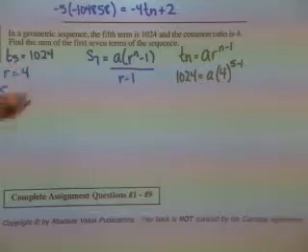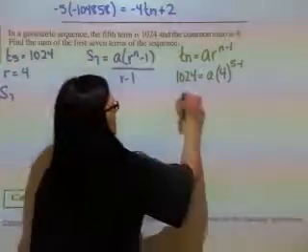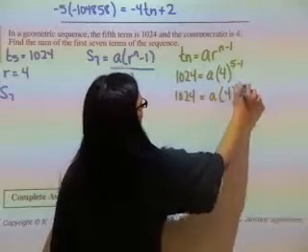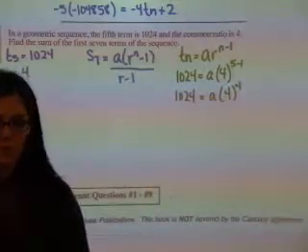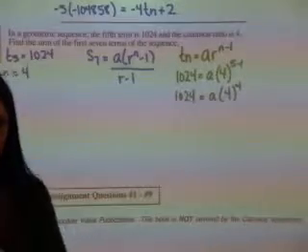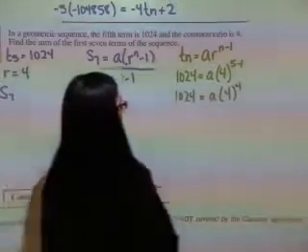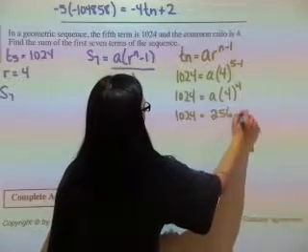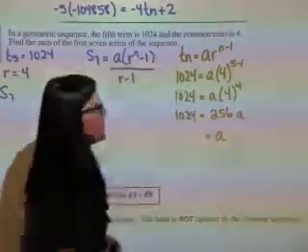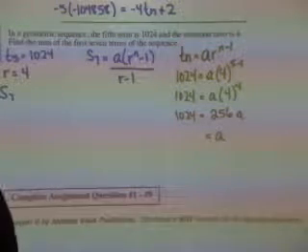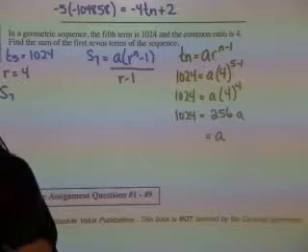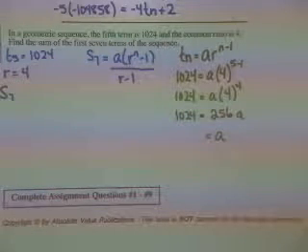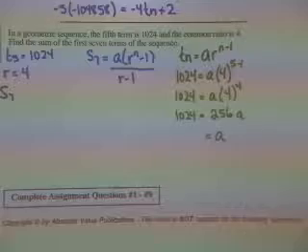N is equal to 5 because it's the 5th term. So I get 1,024 equals a times 4 to the power of 4. What is 4 to the power of 4? 256. So if I divide both sides by 256, what do I get? Yep.